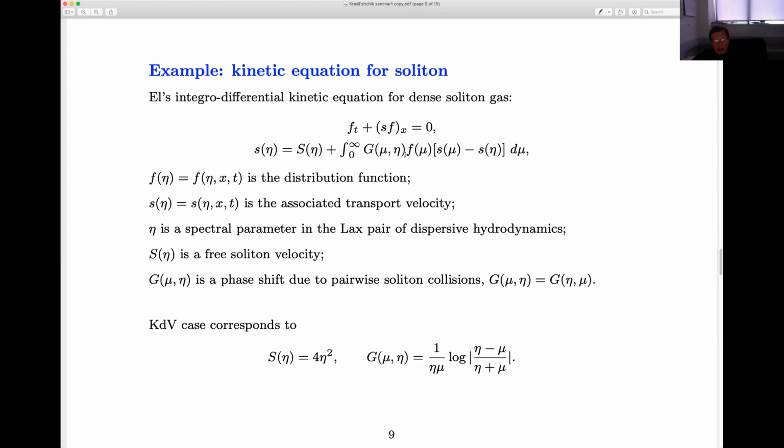What we will do now, we will look for a special reduction of this kinetic equation, which will reduce it to a quasi-linear system, a system of hydrodynamic type, which will depend on this S and this kernel G of mu eta. So they will explicitly enter the equations. And it turns out that this reduced system will be integrable for arbitrary S and arbitrary G, right?